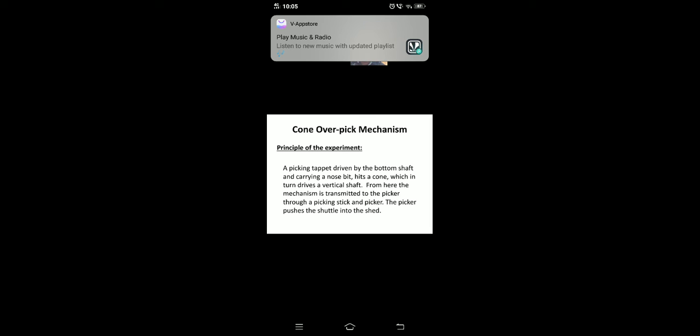Here you will know some of the terms of the cone overpick mechanism. A picking tappet driven by the bottom shaft. So we came to know that there is a picking tappet. Similar to the shedding tappet, here we have the picking tappet. Incidentally, both the picking tappet and shedding tappets are on the bottom shaft only.